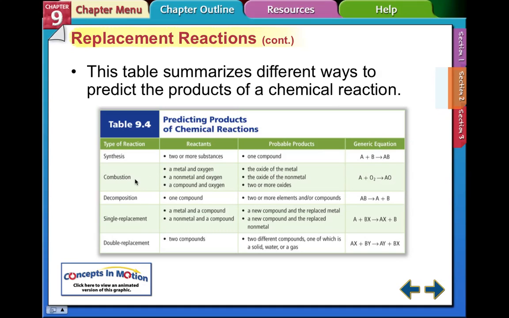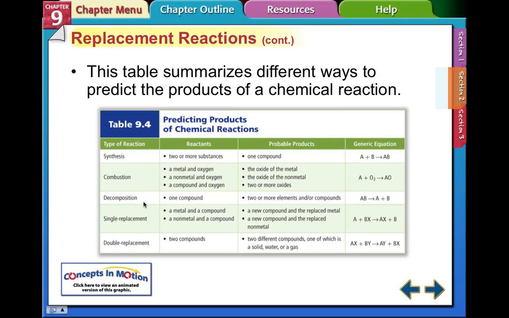If you have a combustion reaction, it's going to be a metal and oxygen, a nonmetal and oxygen, or a compound and oxygen. Possible products are the oxide of the metal, the oxide of the nonmetal, or 2 or more oxides. For example, A plus O2 yields AO.